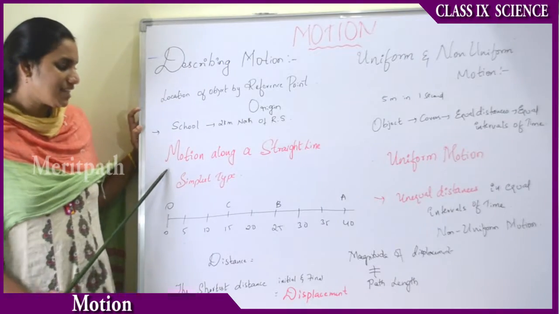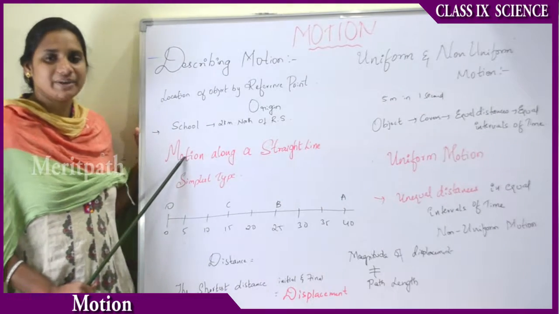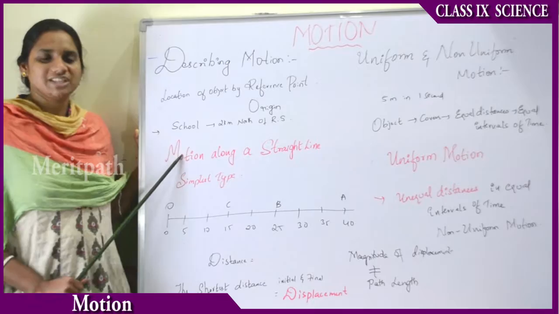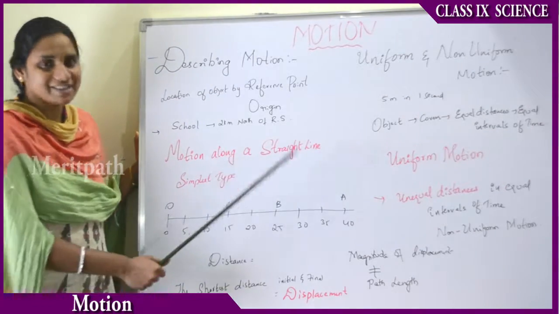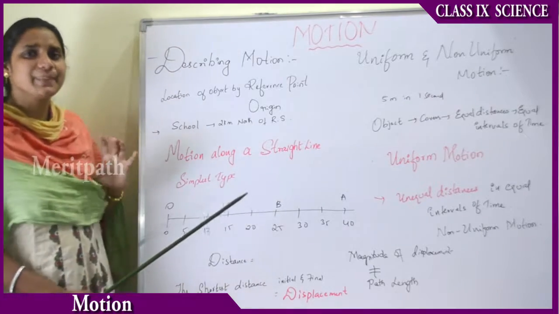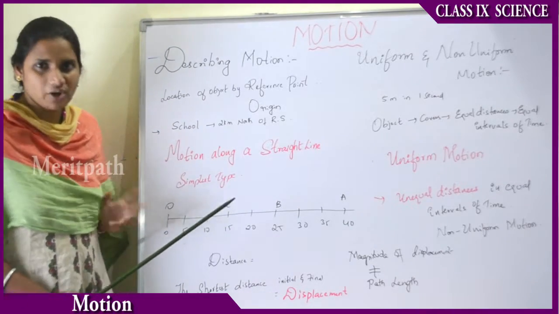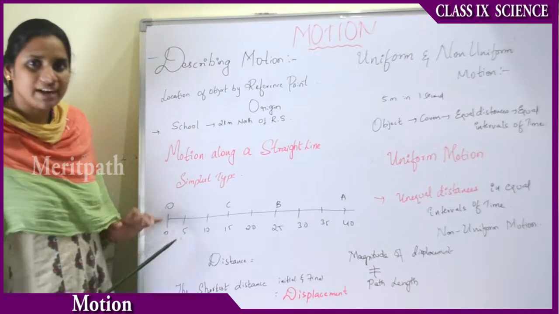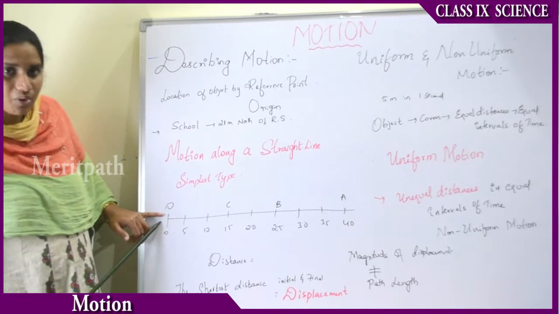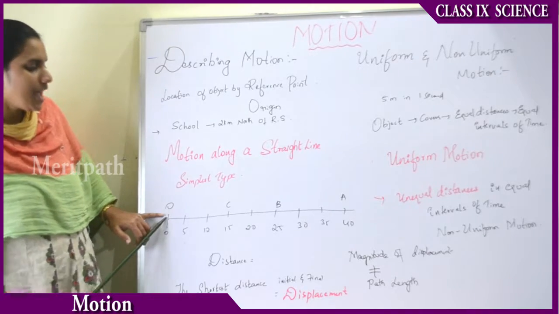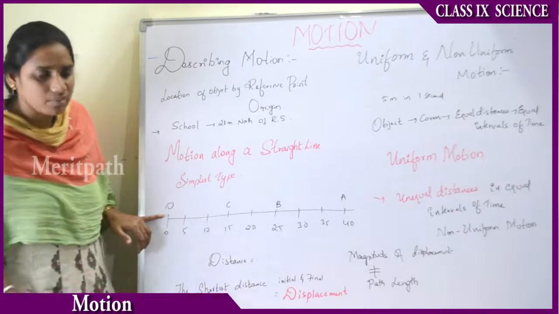We have already said we will be discussing objects which have motion in a straight line. Therefore, we will be discussing motion along a straight line. This is the simplest type of motion. Let us take a good example. Here the origin O is the starting point, and this is the straight line path of an object.